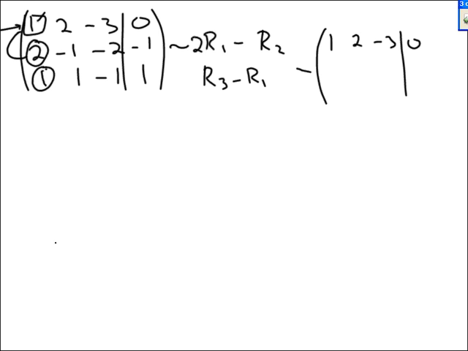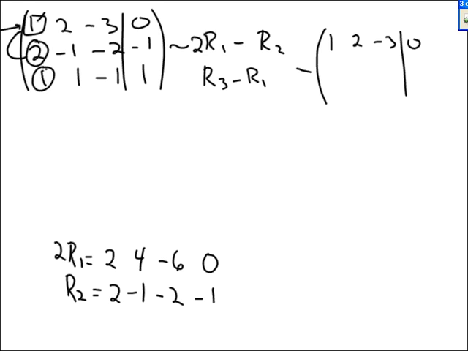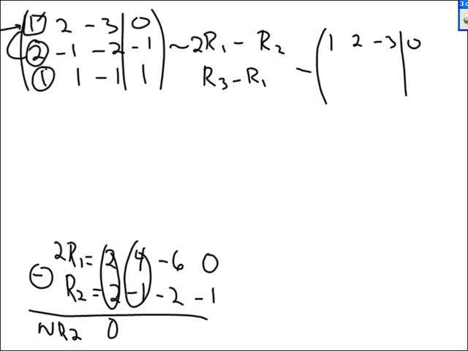Okay, so we are not doing anything to row 1. Row 2. We're going to do 2 times row 1. 2 times 1, 2 times 2, 2 times negative 3, 2 times 0. And then we're going to write down row 2, which is 2, negative 1, negative 2, negative 1, and we are going to subtract. And this is going to be the new row 2. 2 minus 2 is 0. 4 minus a negative 1 is 5.